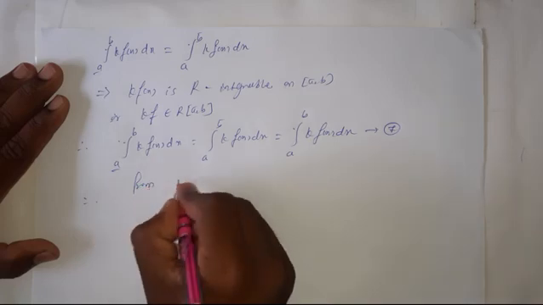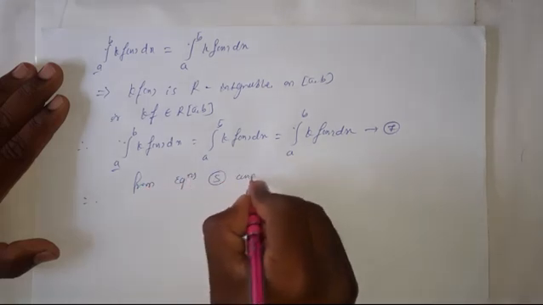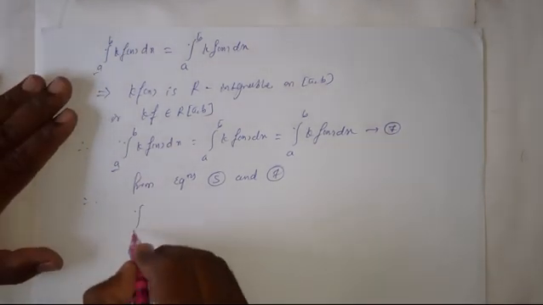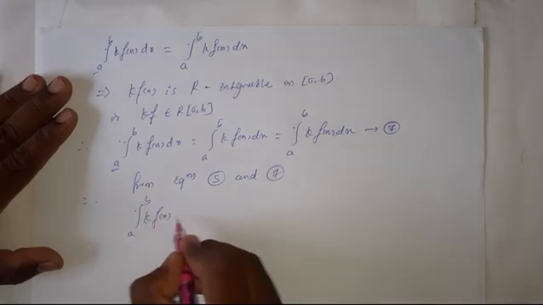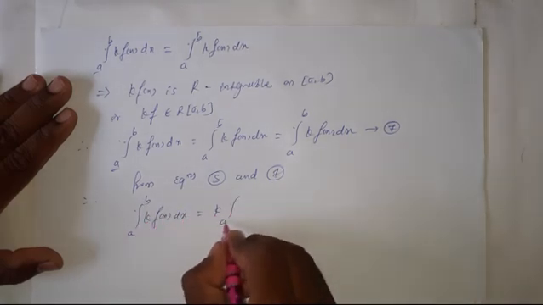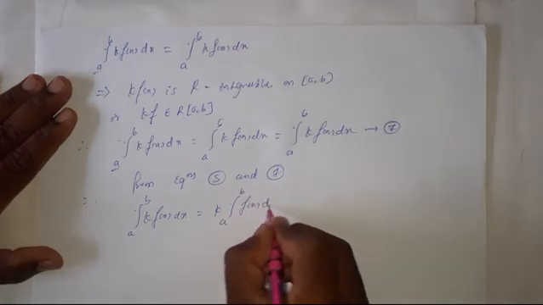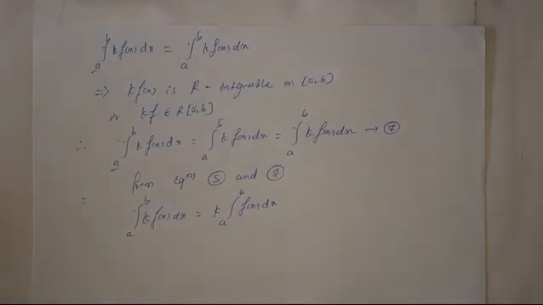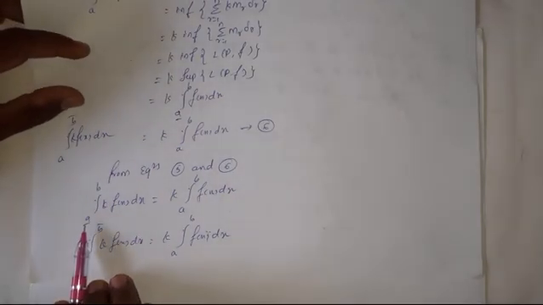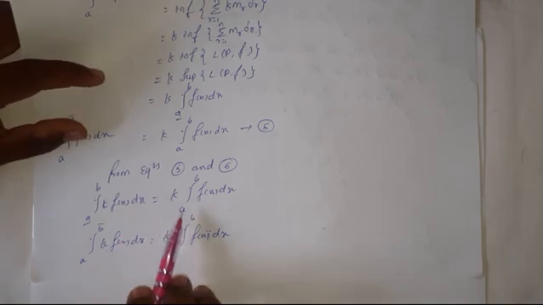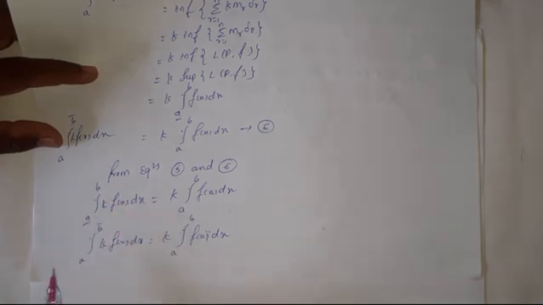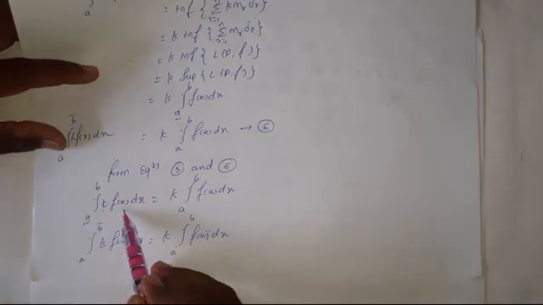Now from equations 5 and 7, we can write that the integration over a to b of k into f of x dx is equal to k into the integration over a to b of f of x dx, because in equation 5 we have that the integral from a to b of k into f of x dx is equal to k into the integration of a to b of f of x dx, and here we are replacing this by the common value of the Riemann integral, that is the integration of a to b of k into f of x dx.